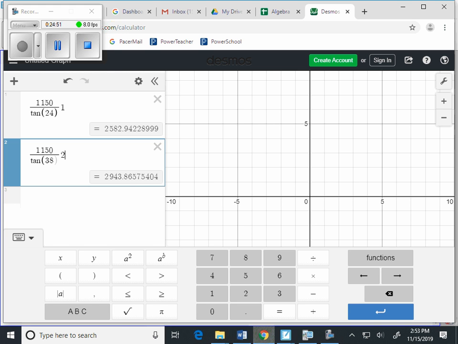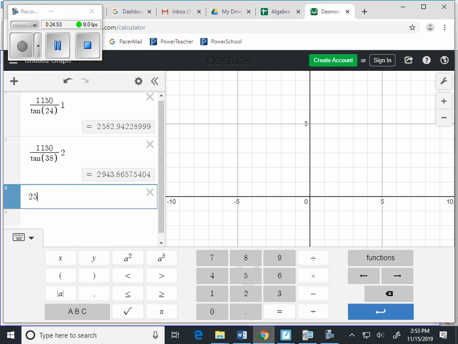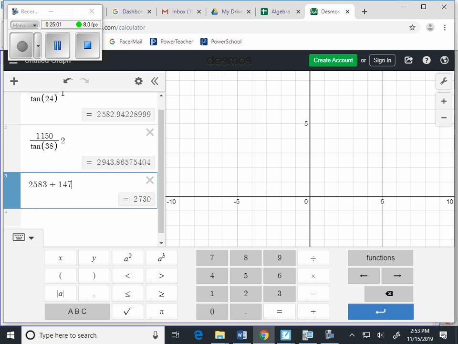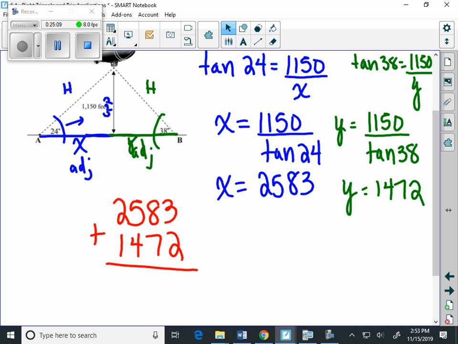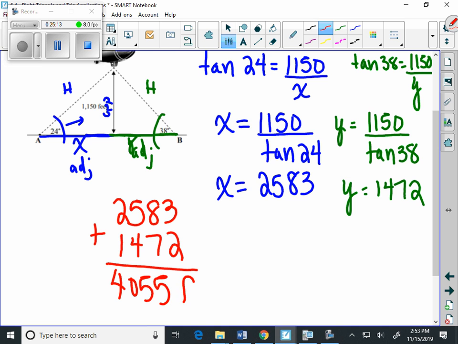Oh darn it, 2,583 plus 1,472 gives us 4,055. 4,055 feet.